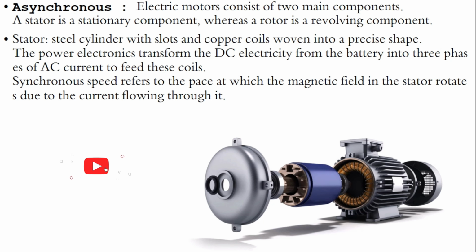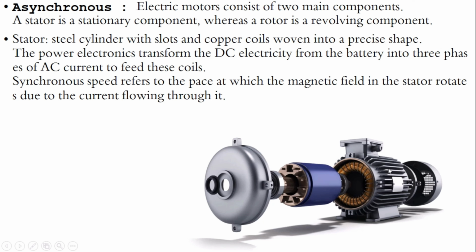Stator: the material of it is a steel cylinder with slots and copper coils woven into a precise shape. The power electronics transform the DC electricity from the battery into three-phase AC current to feed these coils. Synchronous speed refers to the pace at which the magnetic field in the stator rotates due to the current flowing through it. Inside the housing, there is a stator.